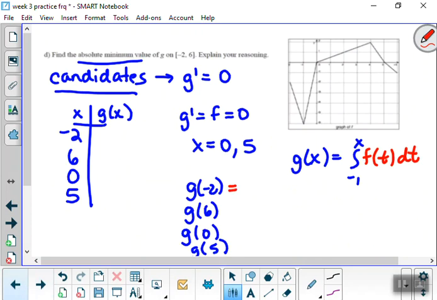So G of -2 is the integral from -1 to -2 of f of t dt. That's going backwards. That means, even though it's under the x-axis, we're going backwards, so that's going to be a positive.